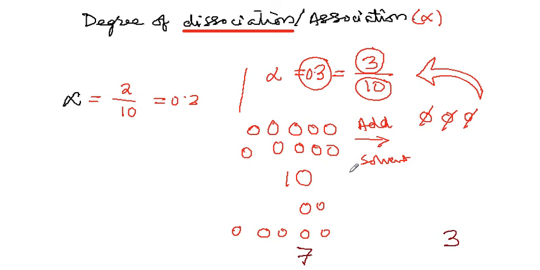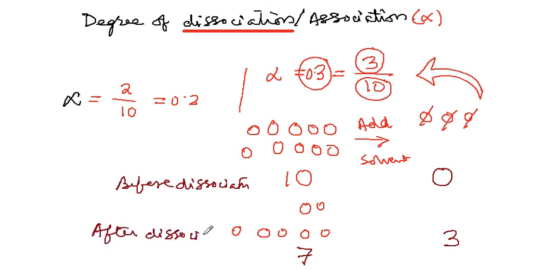Before adding, none of them had broken, so the number of particles that got dissociated was 0. But after adding them in a solvent, this is before dissociation and this is after dissociation. So what we see is we have taken 10 molecules of the solute, and after adding them in a solvent, 3 of them have broken apart.